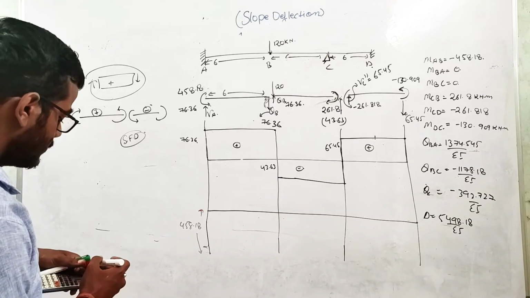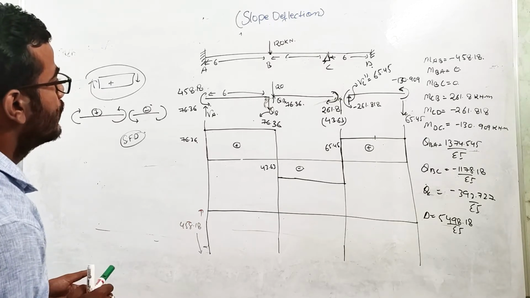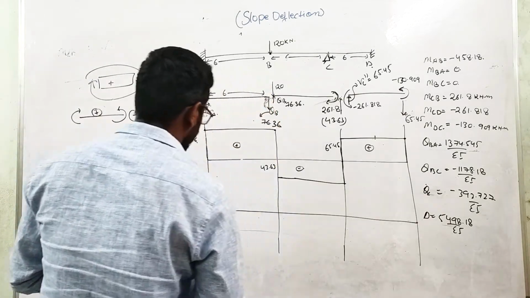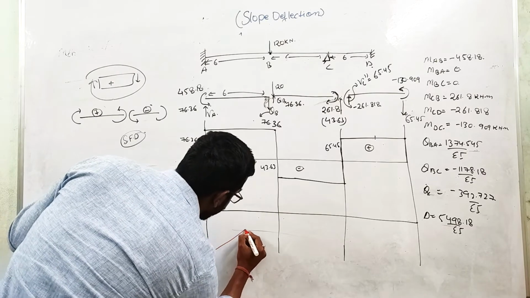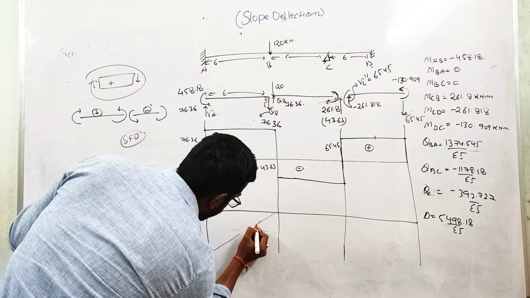Now at this end, the bending moment is 0 because this is an internal hinge point. So the bending moment diagram will go linearly like this, and it will be 0 at this point.